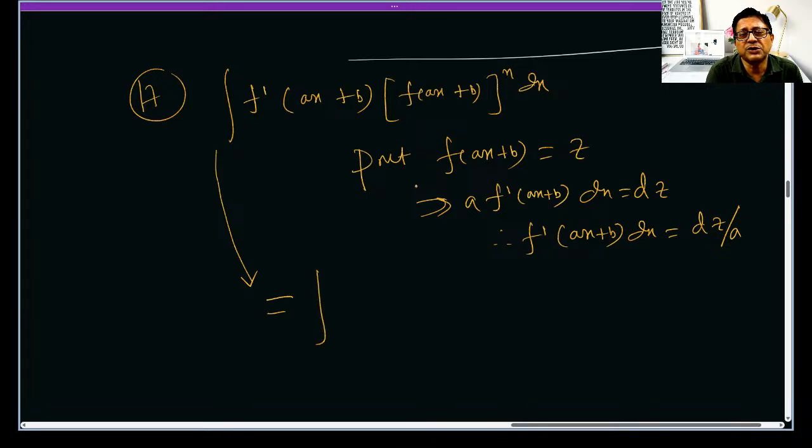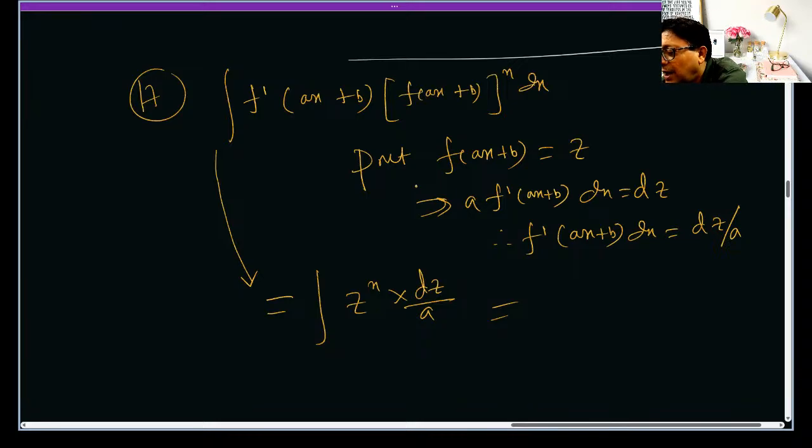So this thing changed to z to the power n dz by a. Integrate and replace all the z in terms of f of ax plus b. Do it, finish it first.